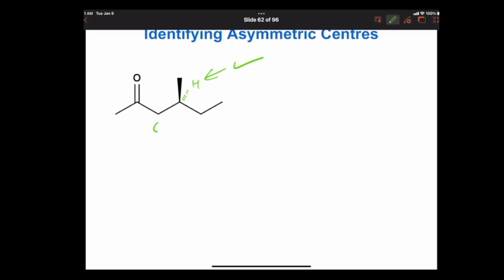We have carbon, carbon, and carbon. At this point, all 3 are tied, right? So now we ask the question, what is attaching to each? Up top, the 3 other things are hydrogen, hydrogen, and hydrogen. To the left, this is attached to a carbon, hydrogen, hydrogen, as is this guy.